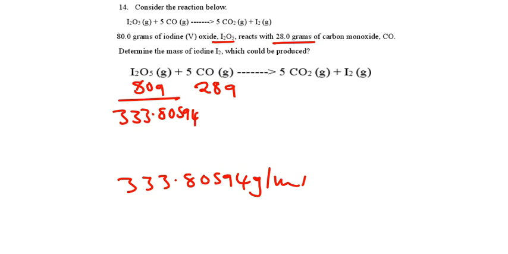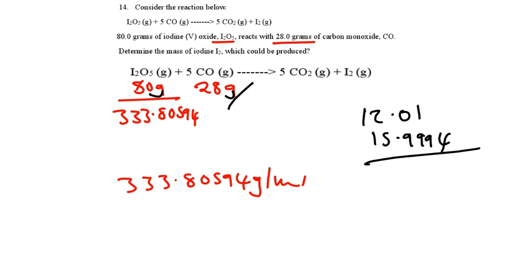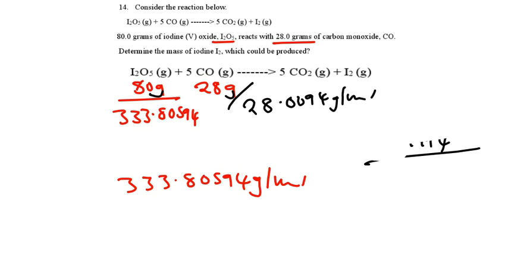For the carbon monoxide, carbon is 12.01 and it's only 1, plus 15.9994 for oxygen. Grabbing my calculator, 12.01 plus 15.9994 is about 28.